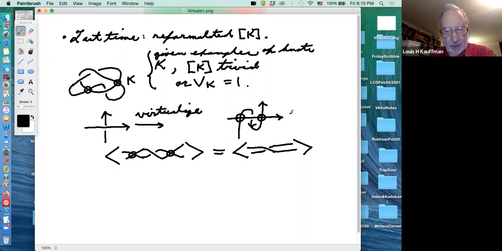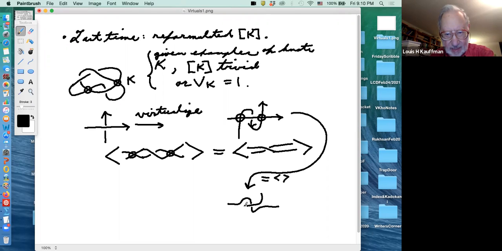That's because, and I'll review this for a moment, when you go over here and you have the same bracket, then the diagram is smoothed like this, you see. And upon being smoothed like that, it's equivalent to this. And this diagram, I could put the arrows if I wanted to keep them around.